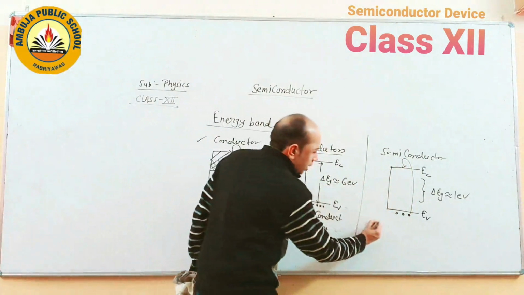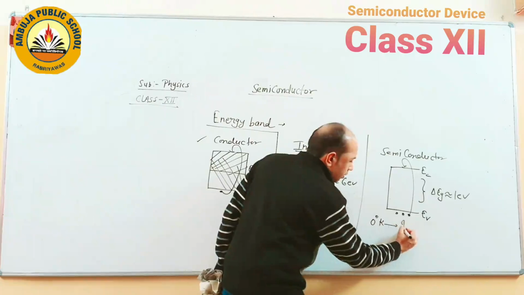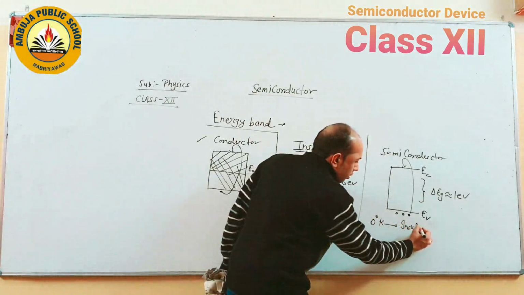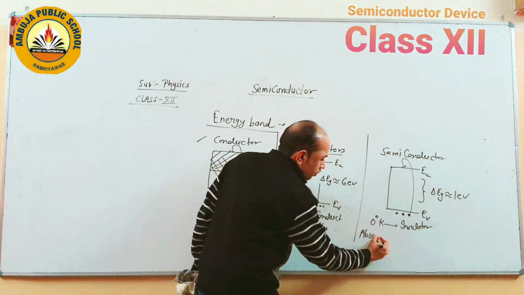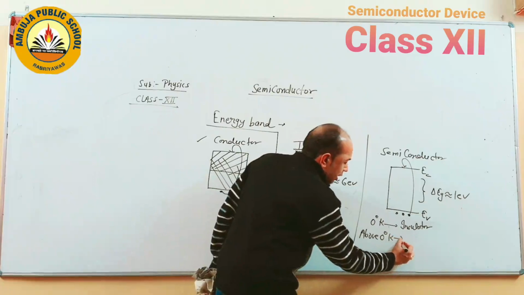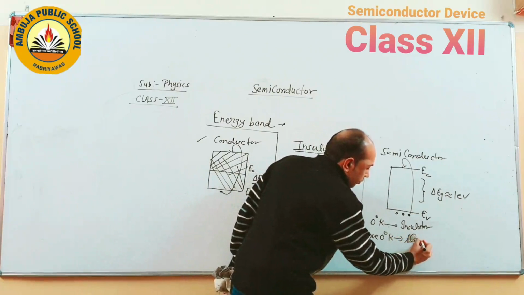That is why at 0 Kelvin it is treated like an insulator, and above 0 Kelvin it is treated like a conductor.